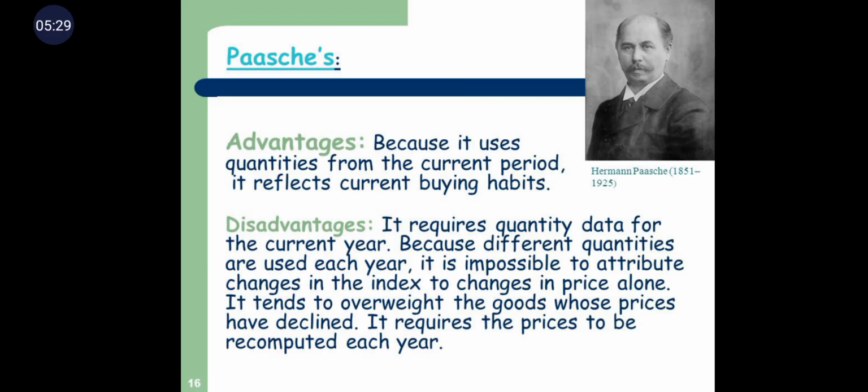The Paasche advantage is that it uses quantities for the current period, so it reflects current buying habits. The disadvantages: it requires quantity data for the current year, because different quantities are used each year, and it is impossible to attribute change in the index to change in price alone.